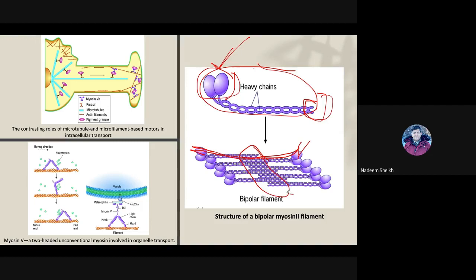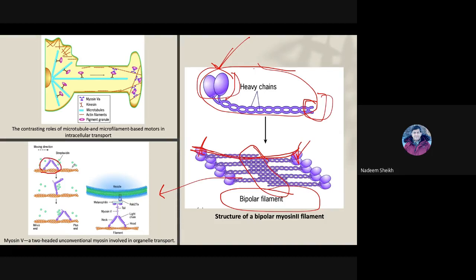Therefore we call this kind of filament arrangement bipolar filaments, and their heads can perform their functions independently or all together with one another. And if we look at this particular picture, this is one example of myosin 5.